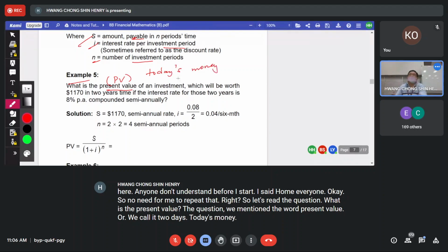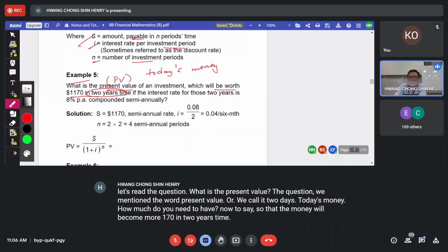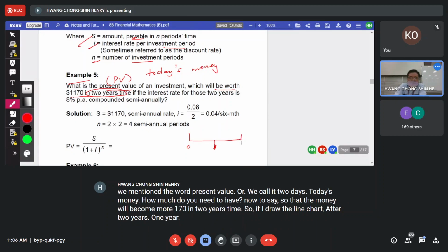How much do you need to have now to save so that the money will become 1170 in 2 years time? So if I draw the line chart, after 1 year, 2 years, the money I get here is 1170.